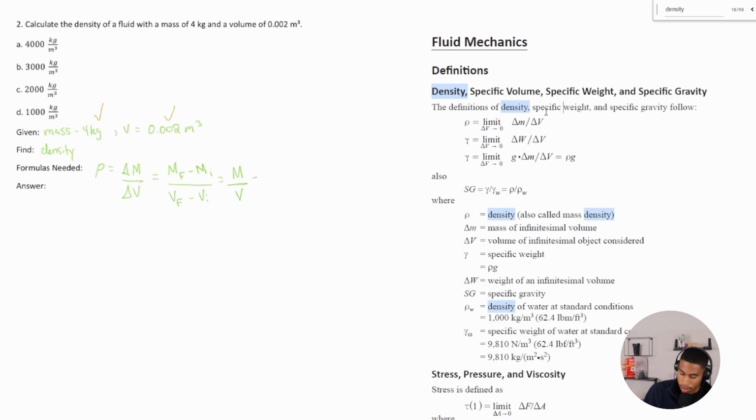So this is going to equal 4 kg divided by 0.002 meters cubed. And for this one, we get 2,000 kilograms per meter cubed, or C.